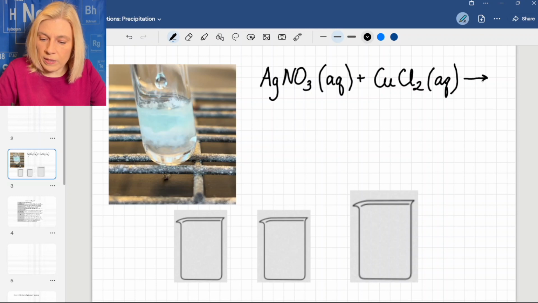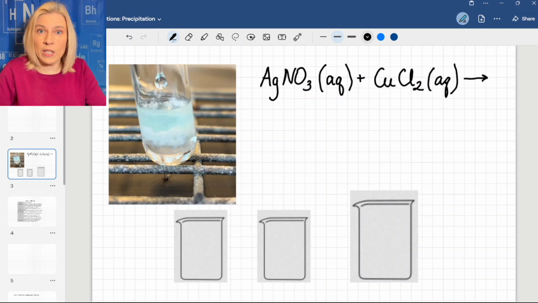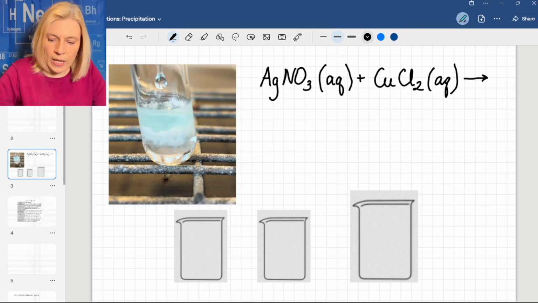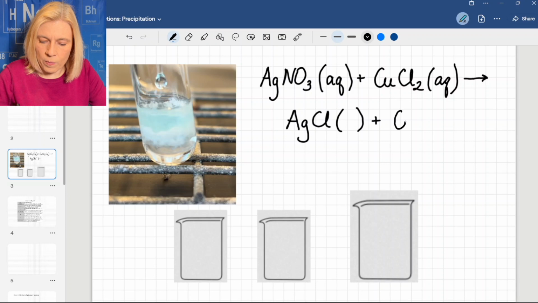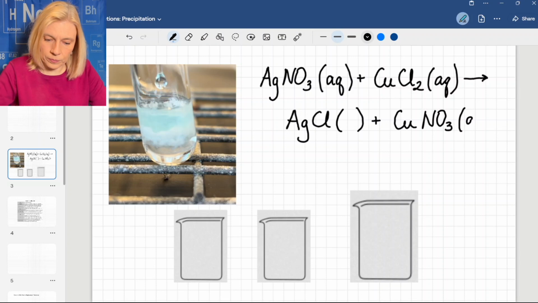And then what happened? Well, in our double replacement reactions, the cations switch places. So we had silver chloride and copper nitrate. But now I have to quickly make sure the compounds that I formed are neutral.